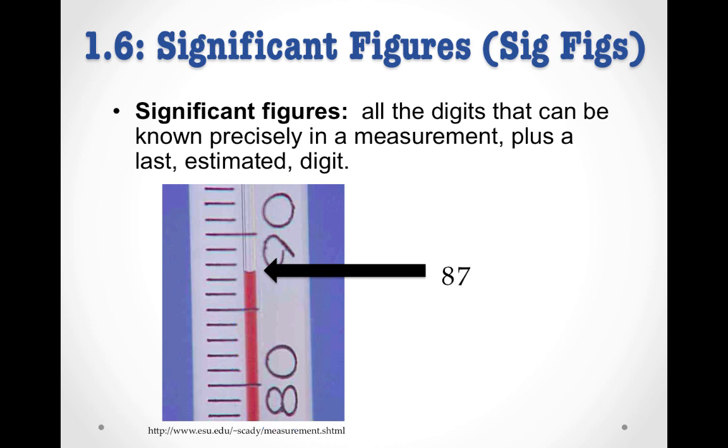Those are known digits. We know those digits precisely. But we can also estimate a last digit, which I'm going to call 0.5. Here, our precisely known digits are 87, and our estimated digit is 5. All three digits are significant figures.